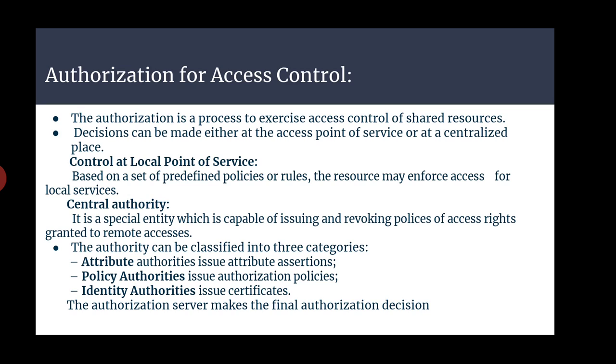The decisions can be made either at the access point of service or at a centralized place. Typically, a resource is a host that provides processes and storage for services deployed on it, based on a set of predefined policies or rules, and the resource may enforce access for local services.